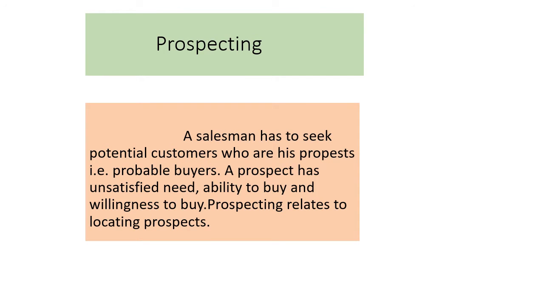The second stage is prospecting. A salesman has to seek potential customers who are his prospects, that is, probable buyers. A prospect has an unsatisfied need, ability to buy, and willingness to buy. Prospecting relates to locating prospects.